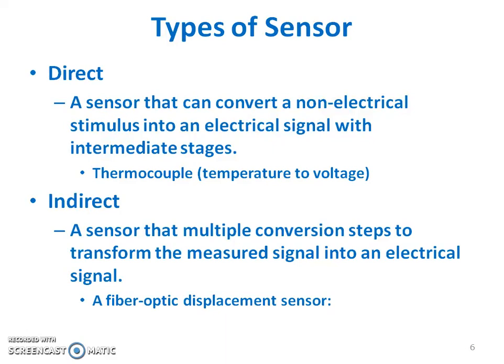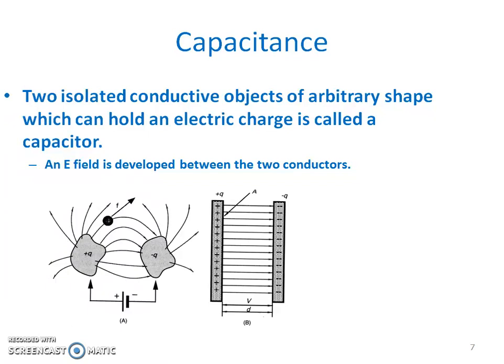In an indirect sensor, a temperature, for example, can be converted into steps and transformed into a measured electrical signal. A fiber optic displacement sensor is an example of an indirect type of sensor.